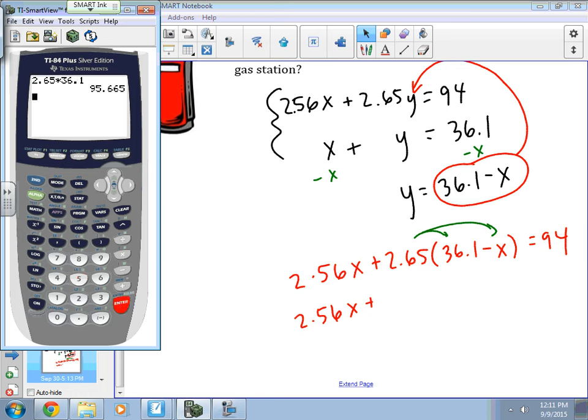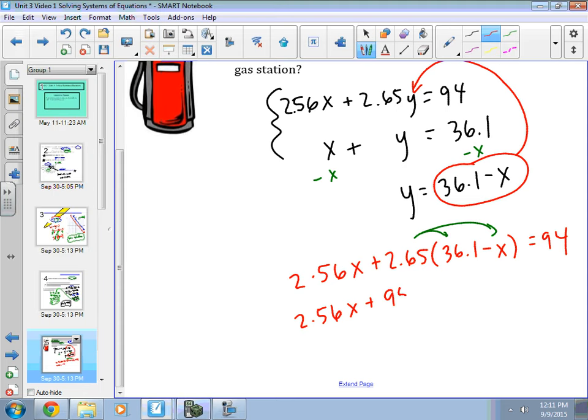Looks like it comes out to be 95.665. And we want to use all that information right now, don't round off, minus, if we take 2.65 times negative x, that's just going to be minus 2.65x.